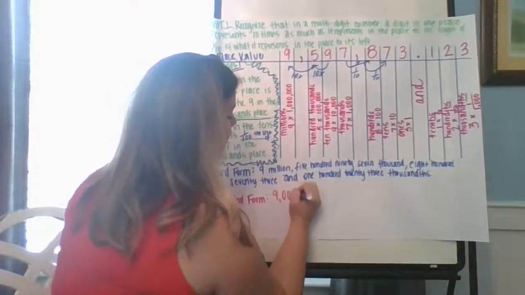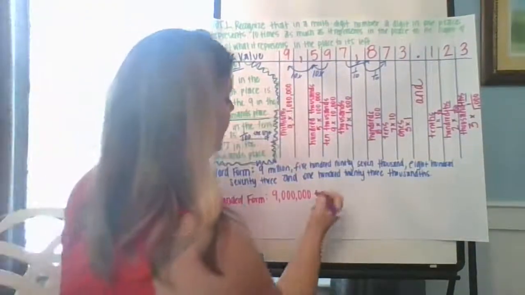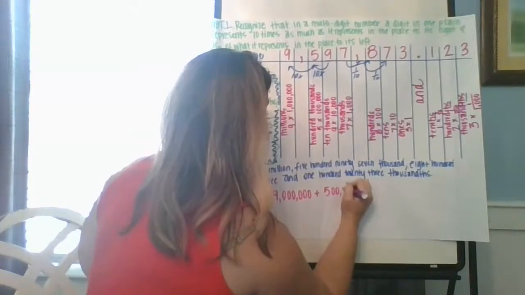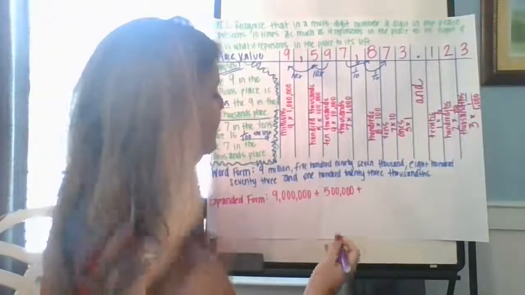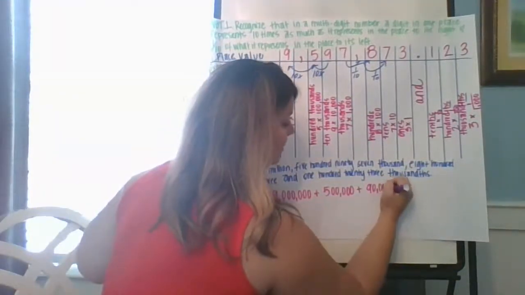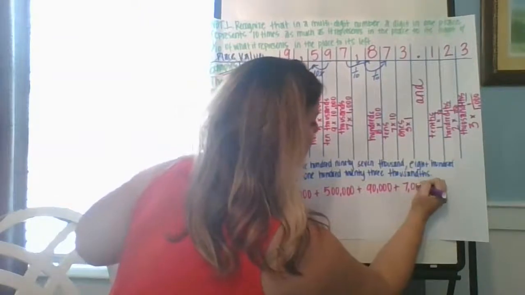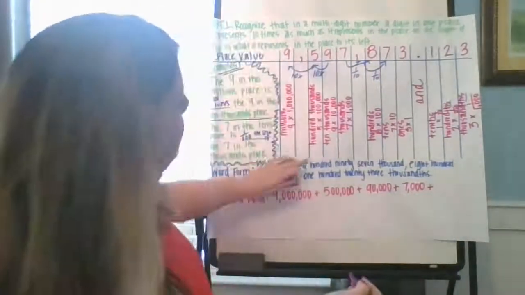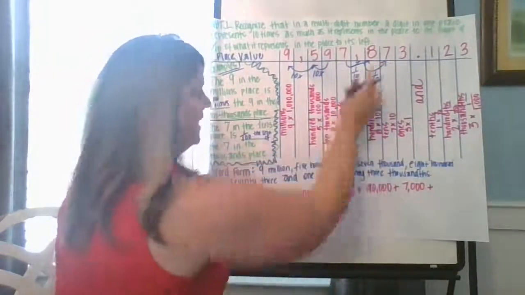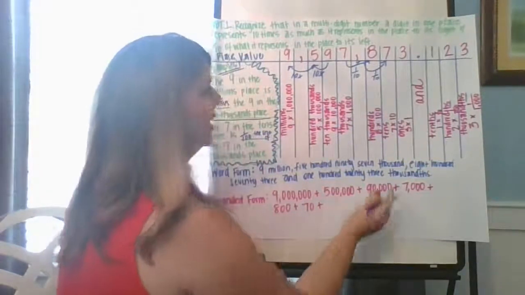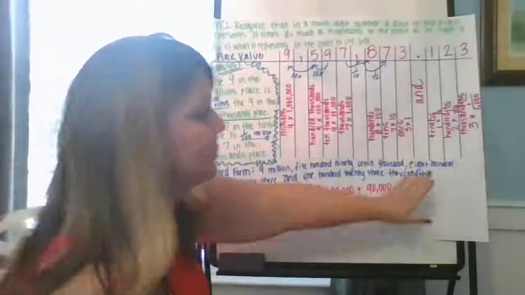So 9 million plus 500,000 plus 9 10,000s, or 90,000 plus 7,000s plus 800 plus 70 plus 3.